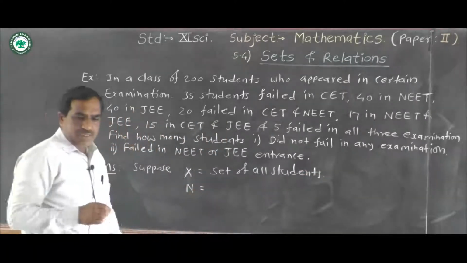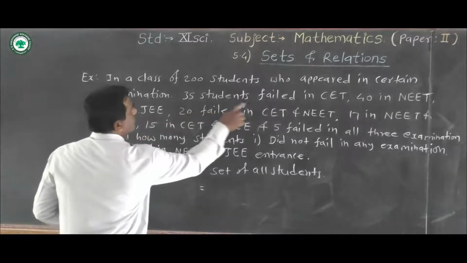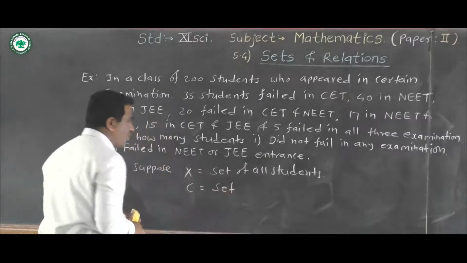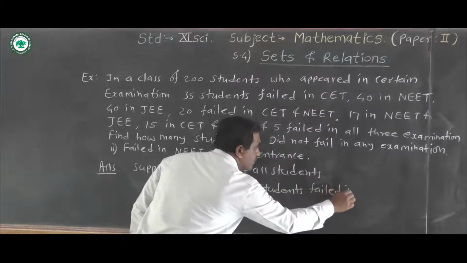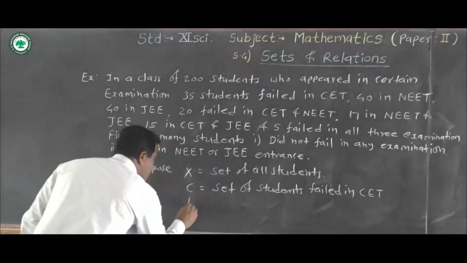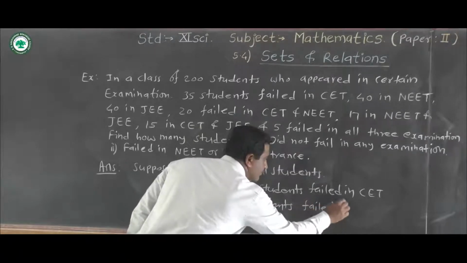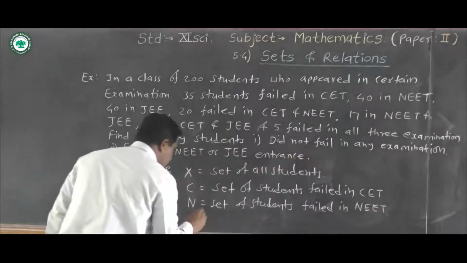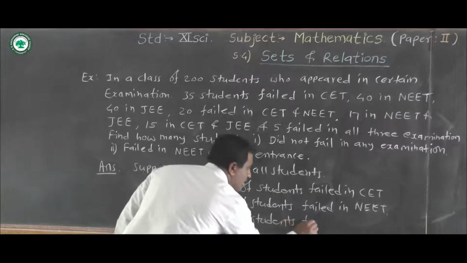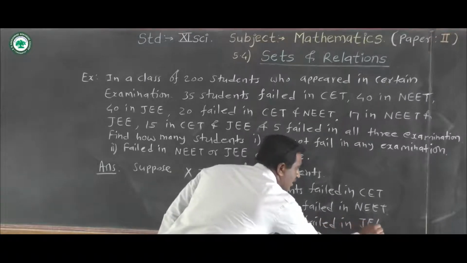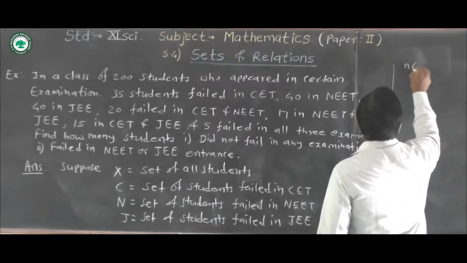N is equal to the set of students who failed in NEET examination, and J is equal to the set of all students who failed in JEE examination.